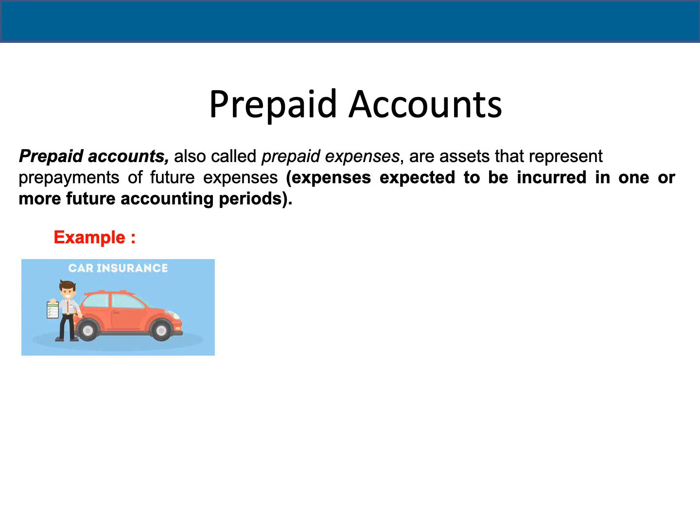One example of prepaid accounts is insurance. For example, if you have a car, we usually pay the insurance for the car in advance. We don't pay the insurance monthly. We pay the insurance, for example, 12 months in advance or 24 months in advance.